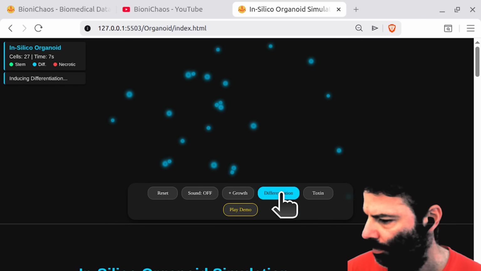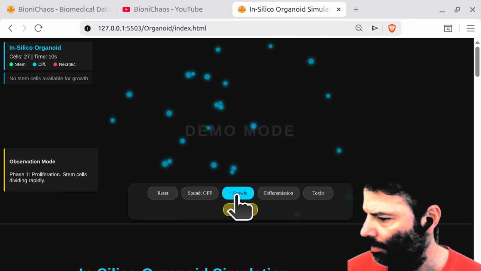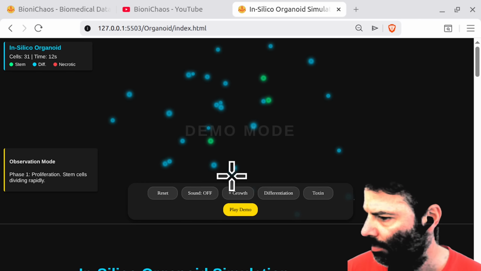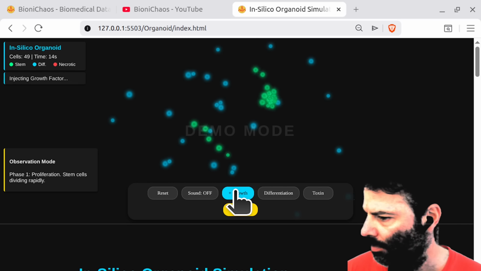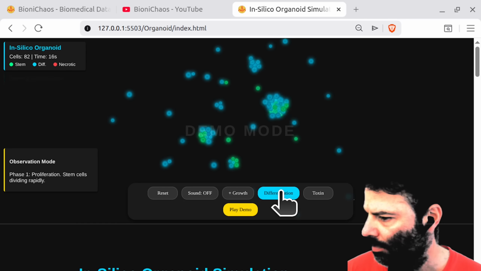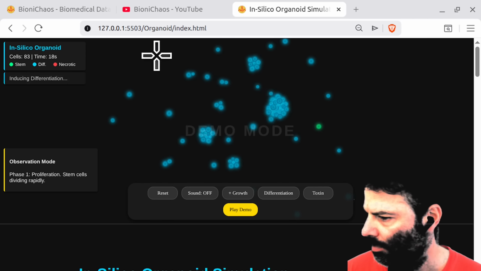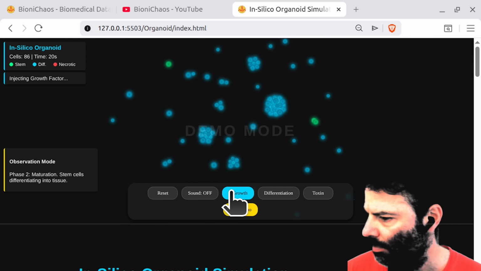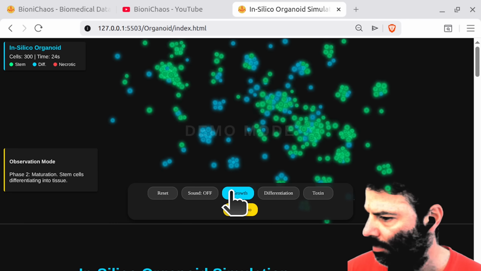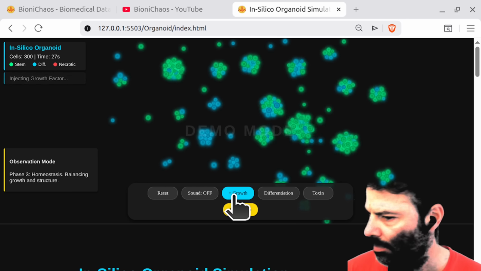I'll adjust inject growth factor to log a specific message if no stems were found, and tweak explanatory text accordingly. Replacing 18 lines with 23 lines. Message updated. When you press plus growth and there are no stem cells, the HUD now shows no stem cells available for growth instead of the generic injecting message.